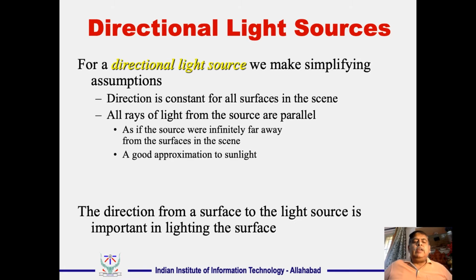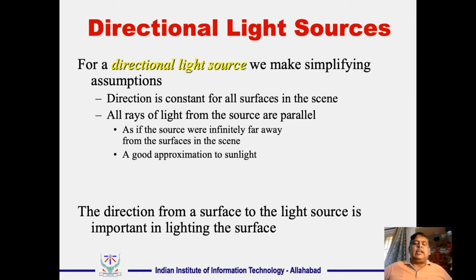But of course, indoor light sources are at a particular location, and they have radially diverging rays which hit the surface. But to begin with, let us assume that the light hitting the object is all coming parallel. The direction from a surface to the light source is important in lighting the surface.